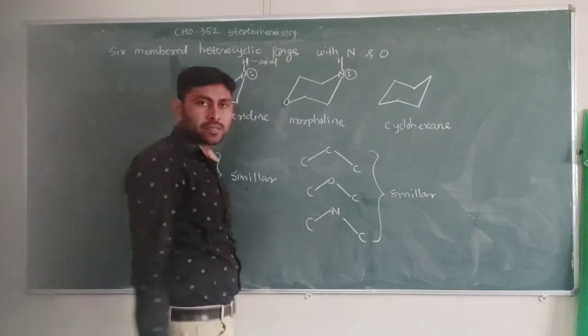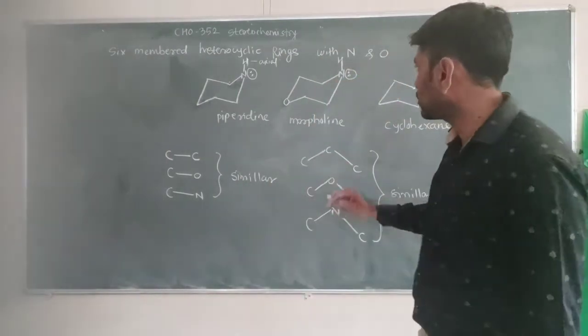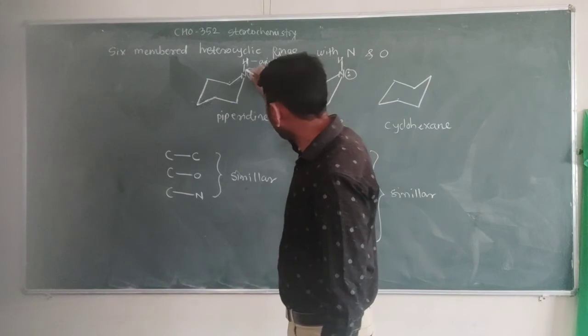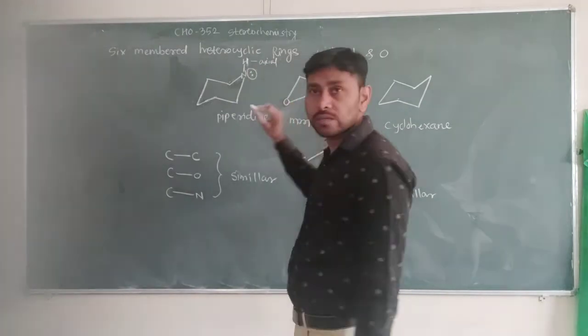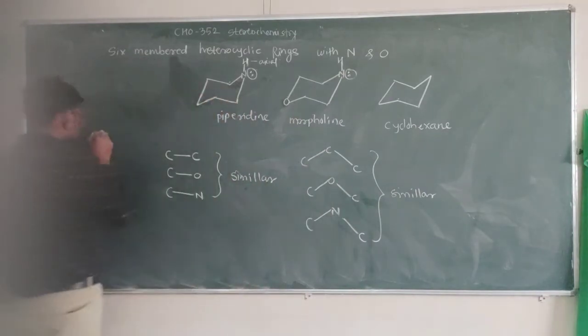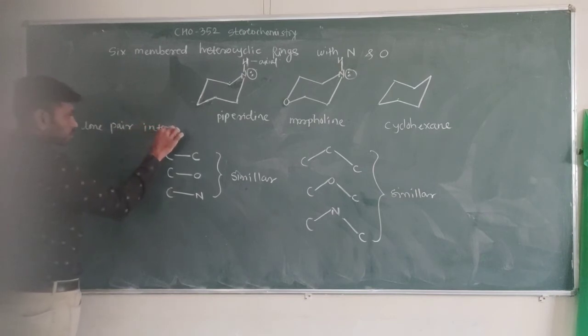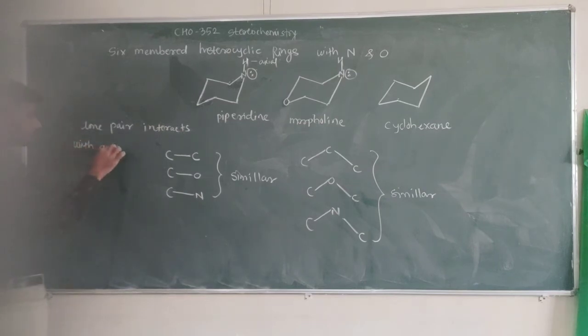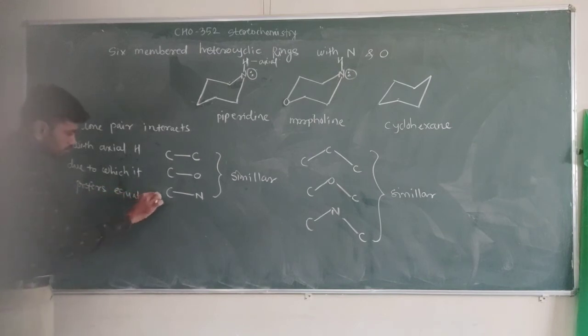The reason for this axial preference is that the lone pair present here prefers the equatorial position, because the lone pair would interact with the axial hydrogens, due to which it prefers the equatorial position.